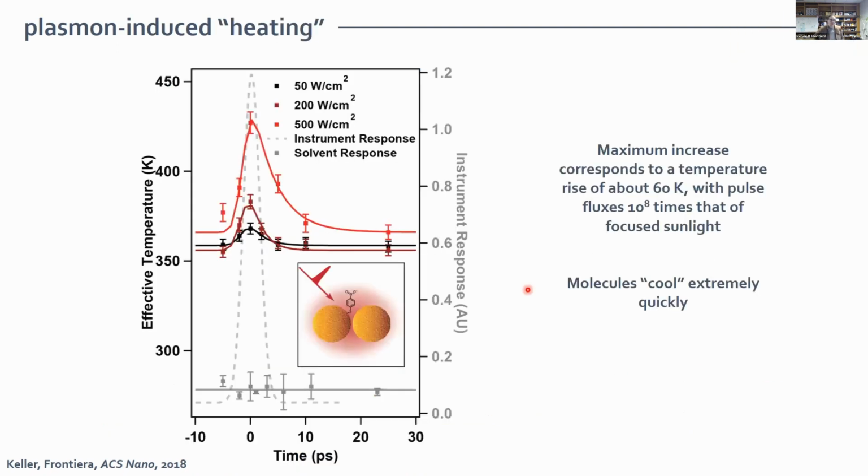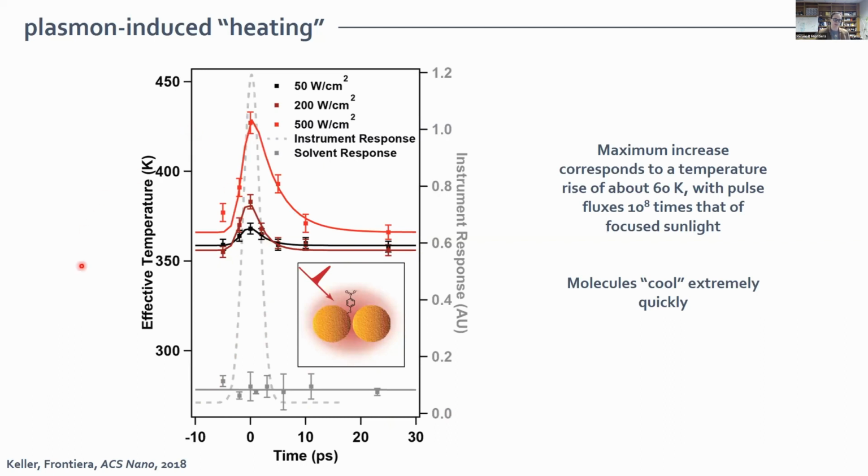Okay, so in our early work in this area, we really tried to understand how hot these molecules get in these vibrational hotspots. Okay, and so here's an example of this ratio between the anti-Stokes and Stokes scattering of these nitrothiophenol molecules in these hotspots as a function of time with this ultrafast SIRS technique that we developed.